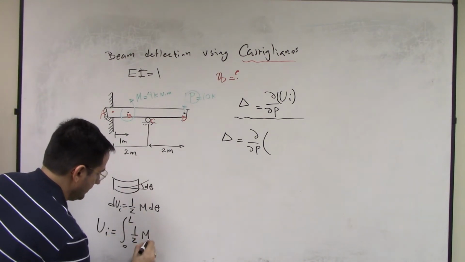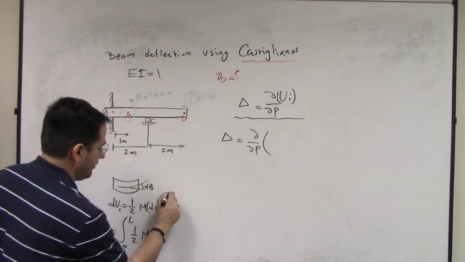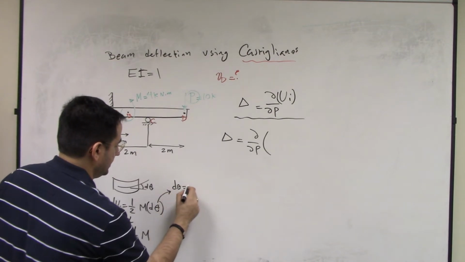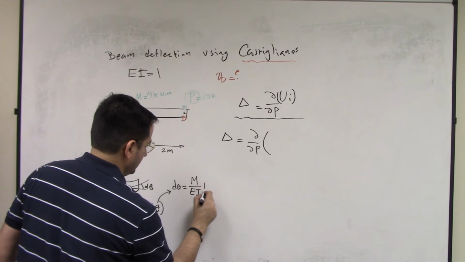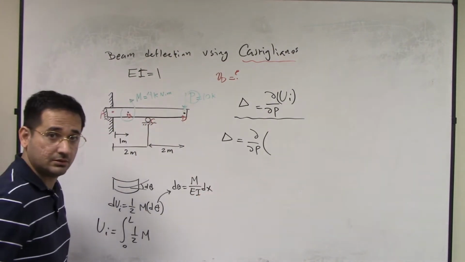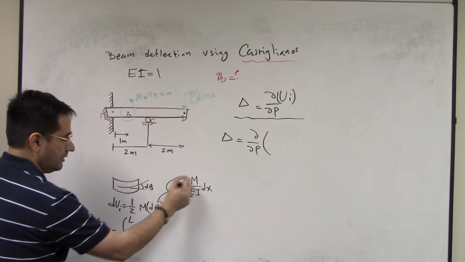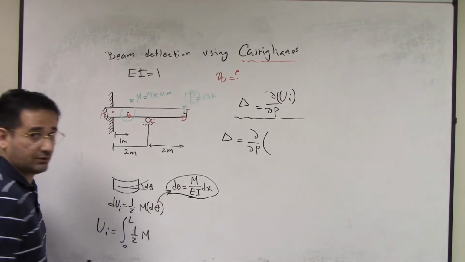1/2 M, and we know that d theta is equal to M over EI dx, right? We proved this using radius of curvature.